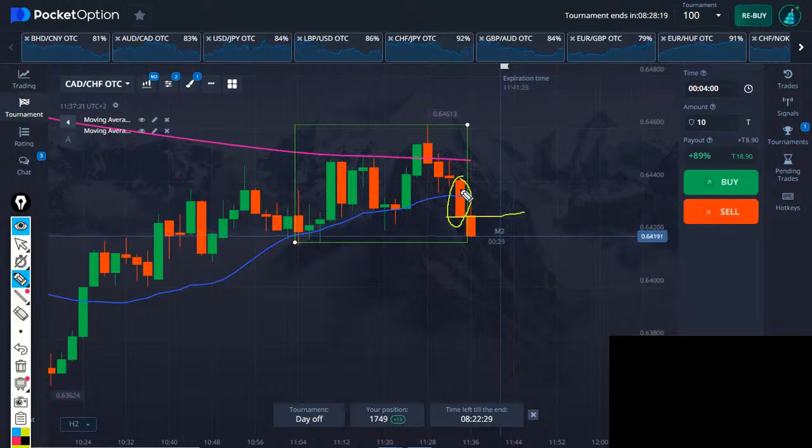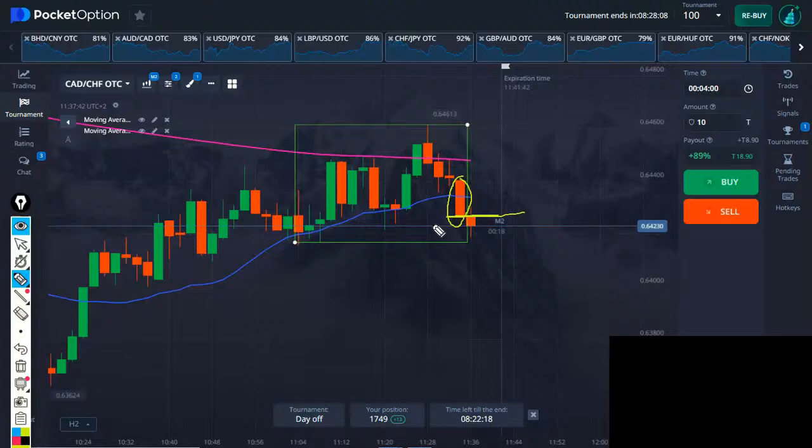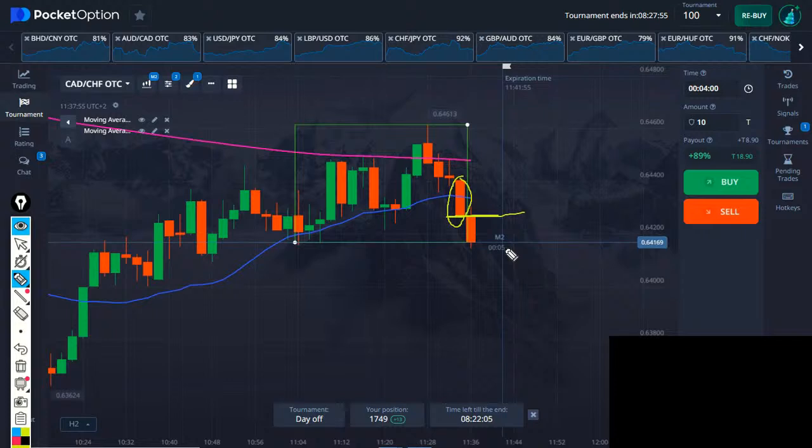You should see a clean break above the 20 SMA and the close below the 20 SMA. Okay. Now, ideally, you should see the price breaking below the swing low, which is happening right now, and you take a 4 minutes trade to the downside. Hope this makes sense. Okay.